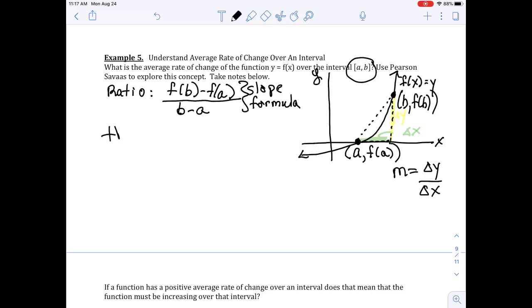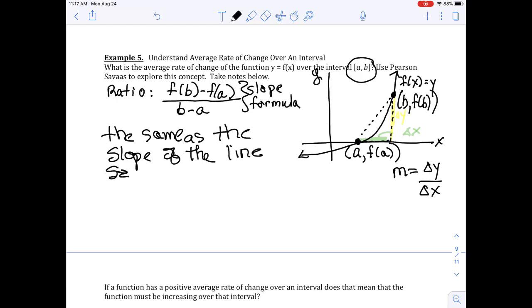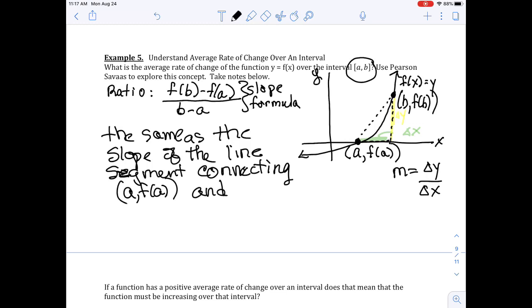And that is average rate of change. So it is the same as the slope of the line segment connecting (A, f of A) and (B, f of B).